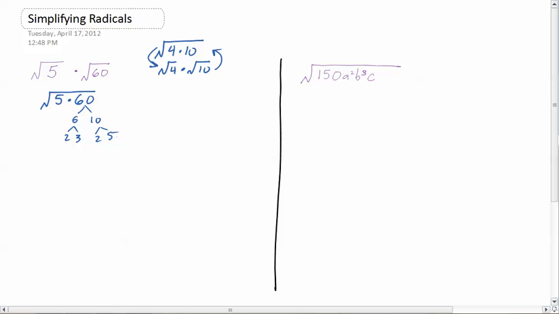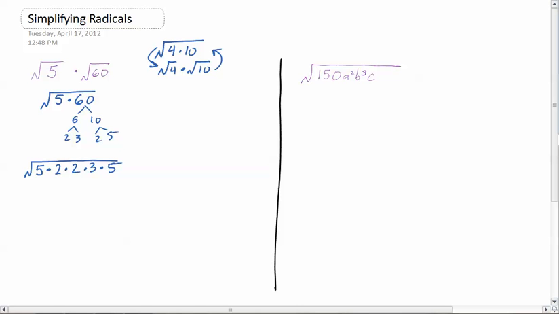Now all of those are prime numbers, so I factored as far as I can. So now I'm going to write this as the square root of, now I still have that 5 in front, times, and then I've got a 2, and another 2, and a 3, and a 5. And so I've factored it completely into its prime factorization.